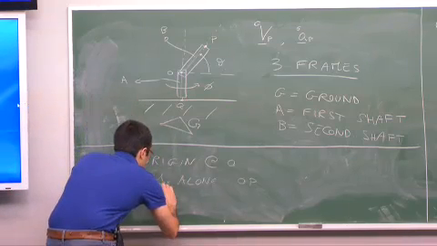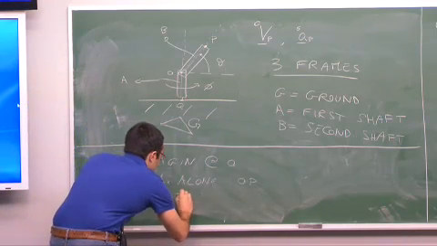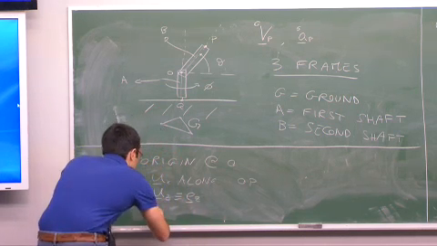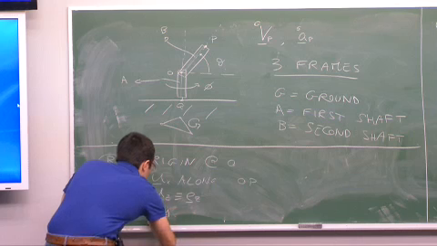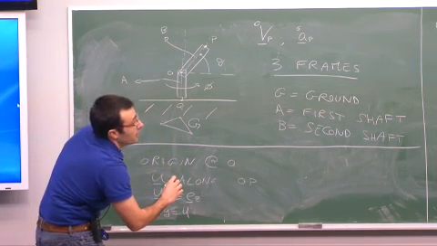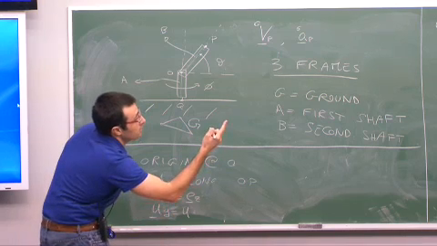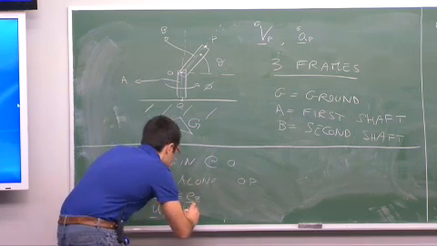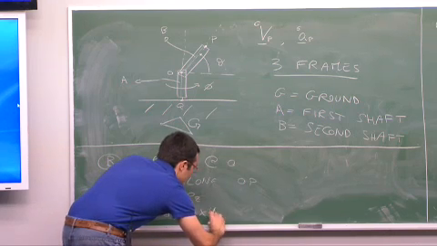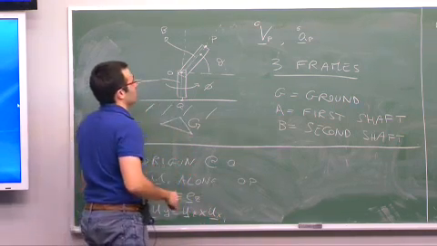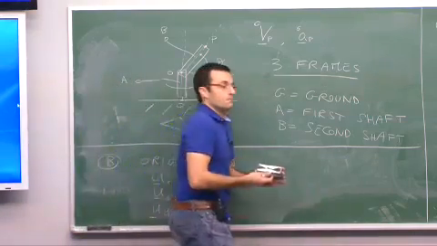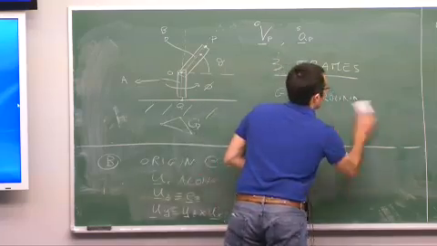So let's say that I have a UZ, which is corresponding to EZ, and then UY is going to be UZ cross UX. Should speed this up a little bit.